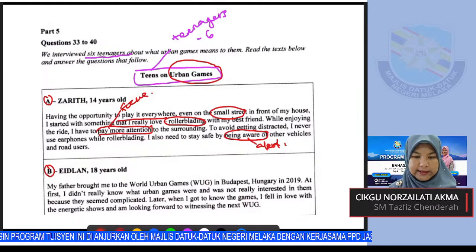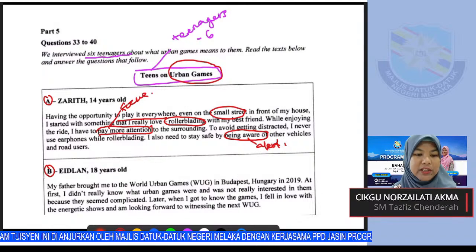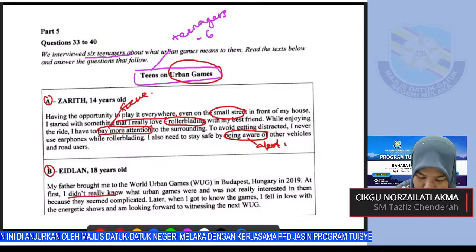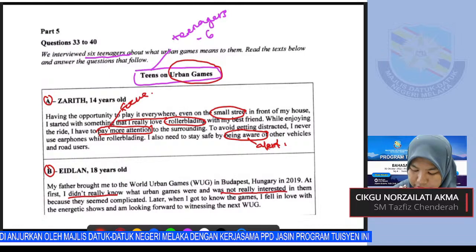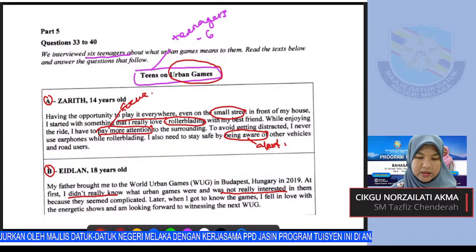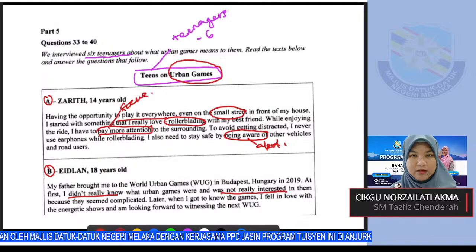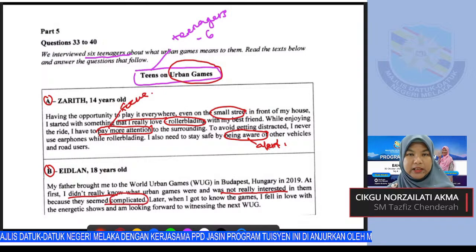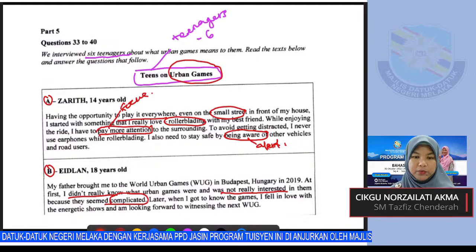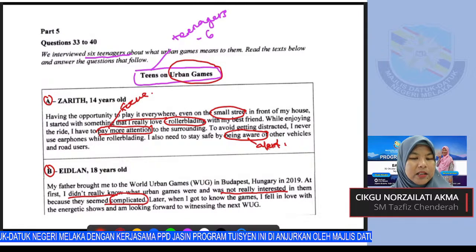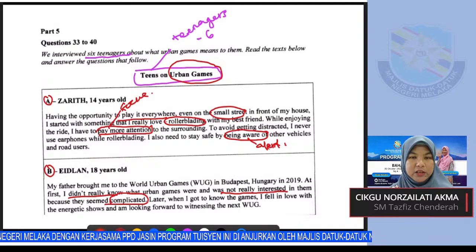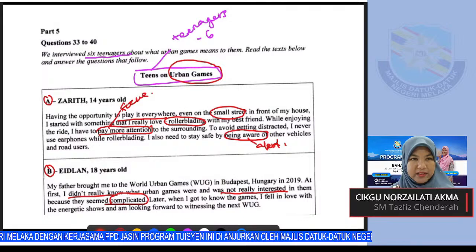Here Idlan said he did not really know, he was not really interested with it because it looked complicated. Complicated means difficult. What does he mean by complicated? Maybe it can be referring to the moves, to the style of it.